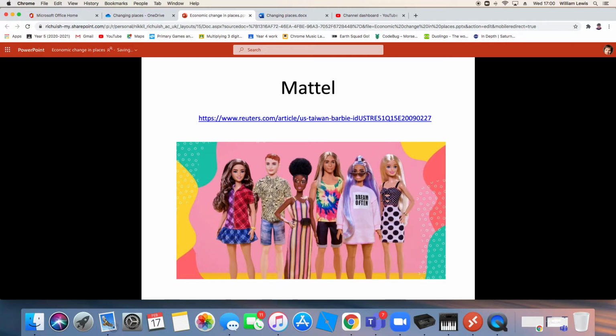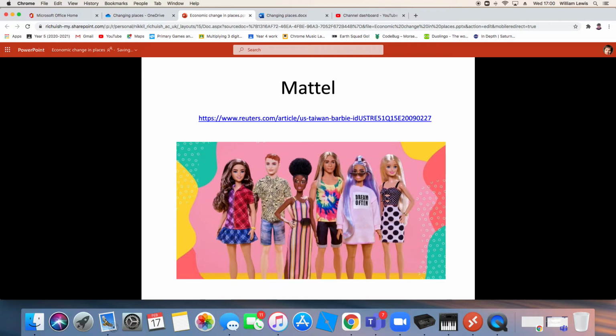They were one of the first manufacturers to test this idea of trying out factories in cheaper locations. They were a bit of a front runner, if you like, and they moved Barbie production to Taiwan. So they're still in Asia, but they're not in a more developed country now. And it worked amazingly. And so other companies then went, oh, well, why don't we do that? And it kind of started a whole thing.